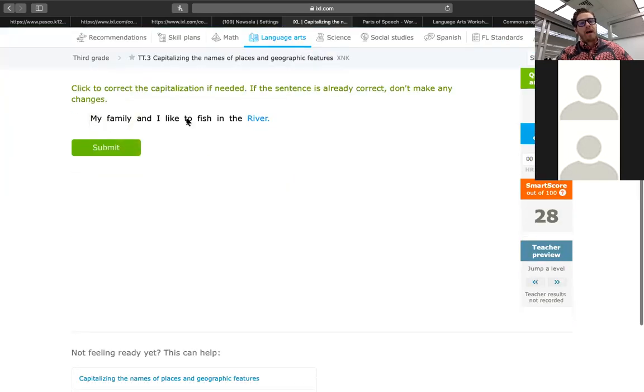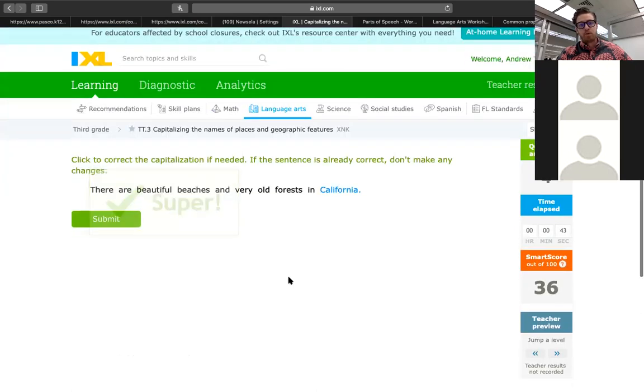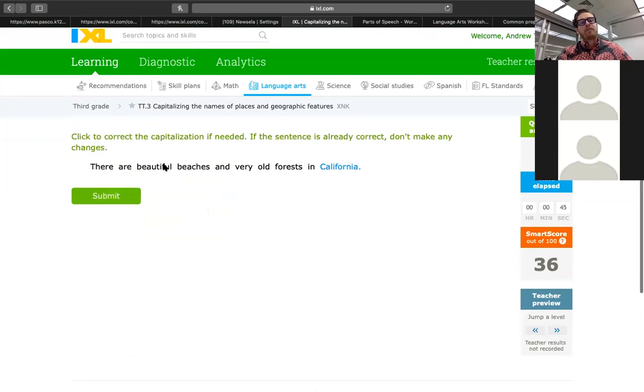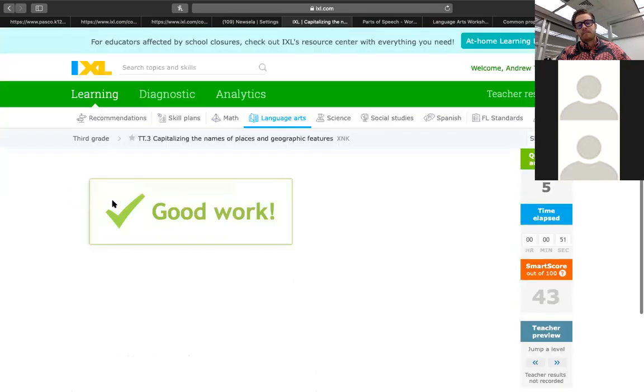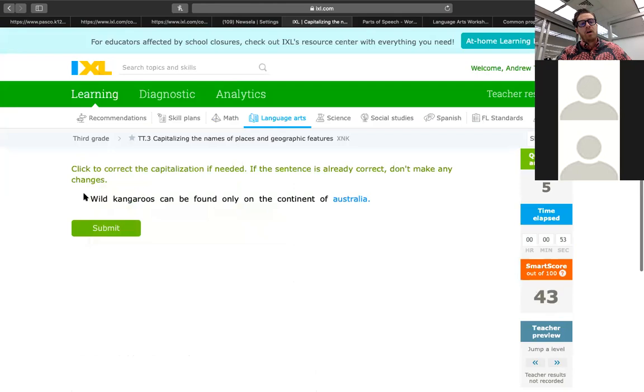"My family and I like to fish in the river." River is not supposed to be capitalized. It doesn't have a name. What if they said the Anclote River? Then yes, because it's a place. "There are beautiful beaches and very old forests in California." California is already capitalized, so it's good to go. "Wild kangaroos are found only in the continent of Australia." Australia needs to be capitalized.